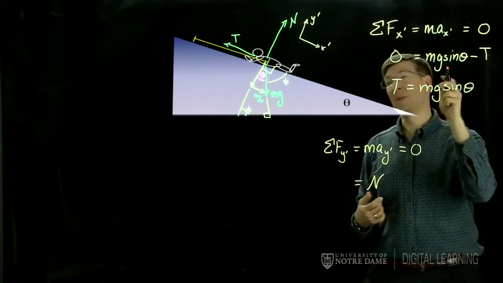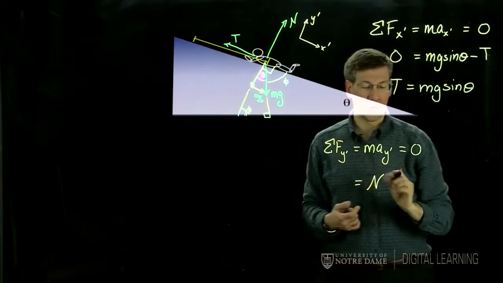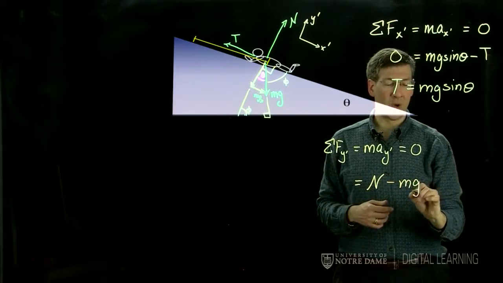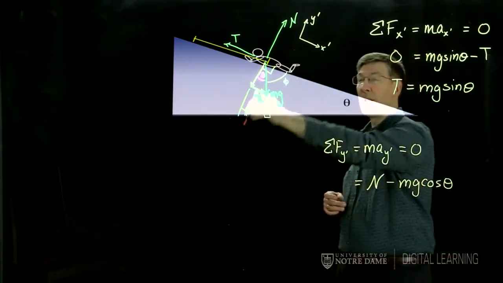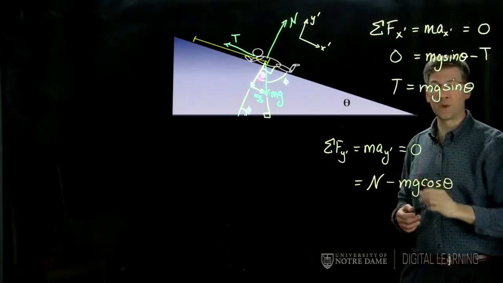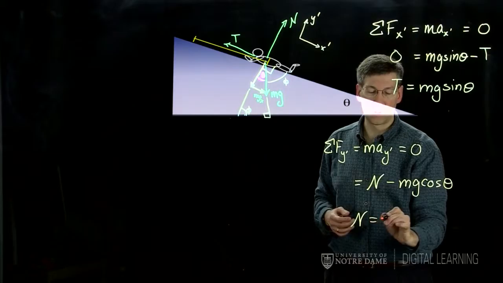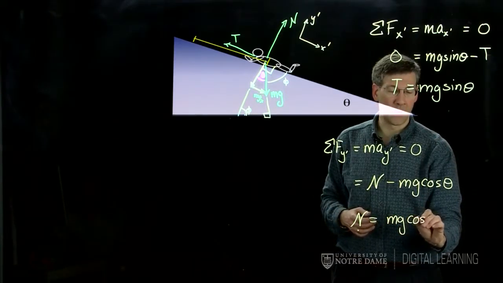Before we had mg sine theta, which gave us this component, and so the component that's along the other side of the triangle has to be mg cosine theta. So I need a minus mg cosine theta because that force is pointing in the negative y direction. And so again, since the sum of these forces has to be equal to 0 since there's no acceleration, we can write that the normal force that the slope exerts on the climber is equal to mg cosine theta.